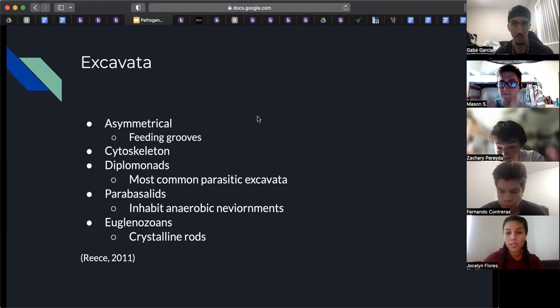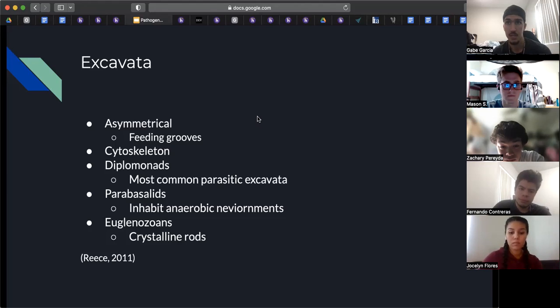Their cytoskeleton is normally composed of actin. Furthermore, it helps to provide structure for the cell, holding important organelles in place. Excavata includes the groups called diplomonads, parabasalids, and euglenozoans.